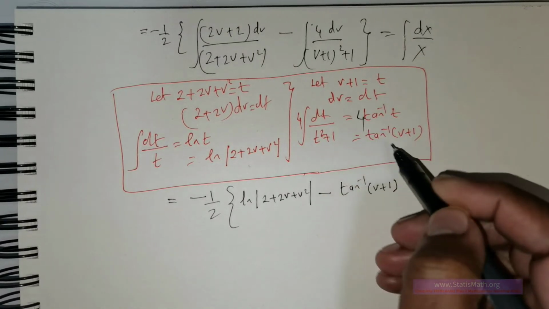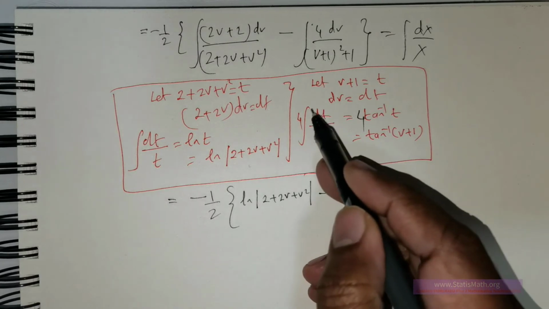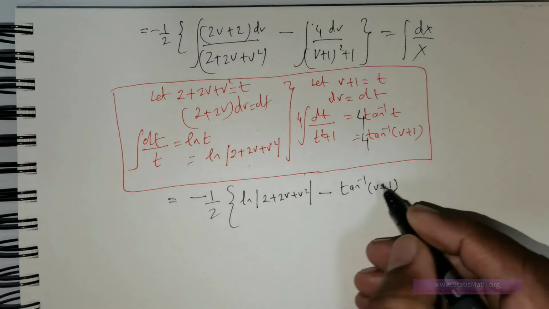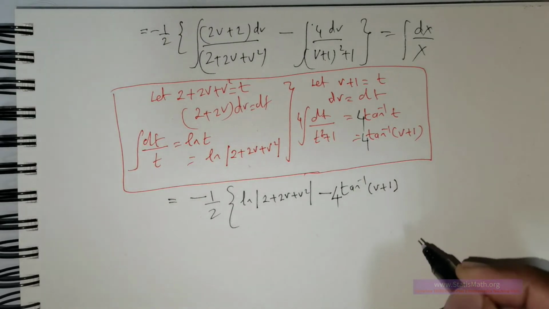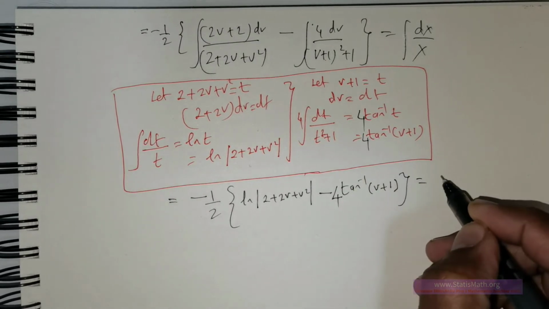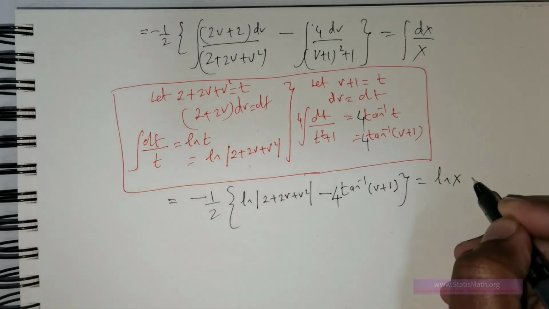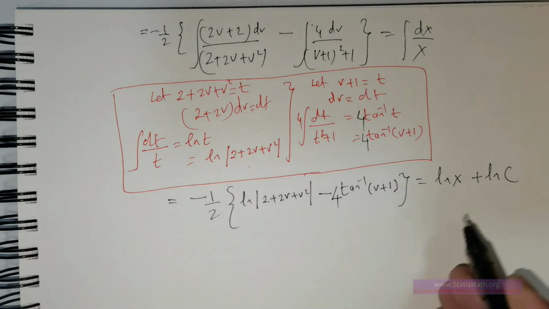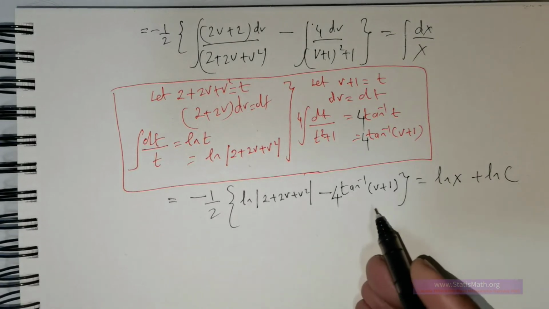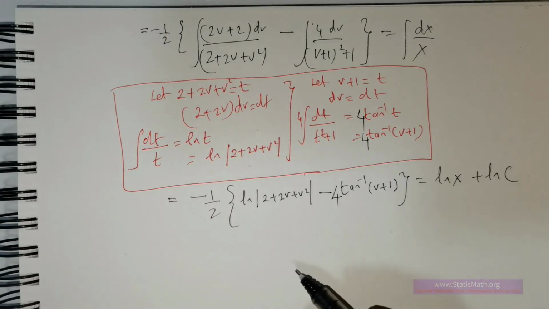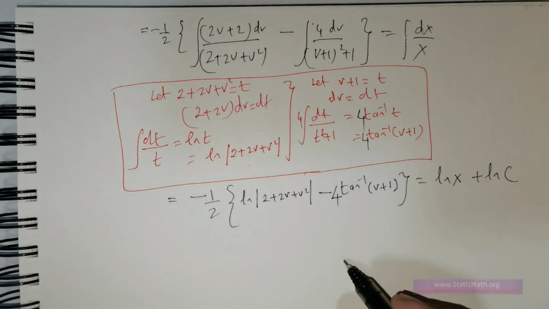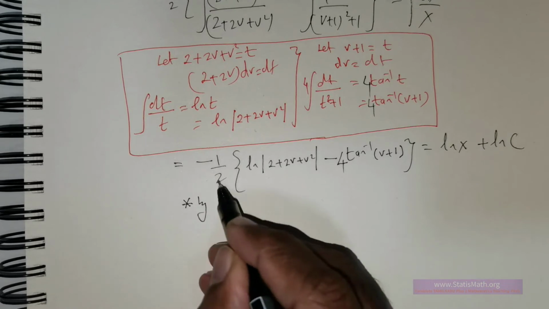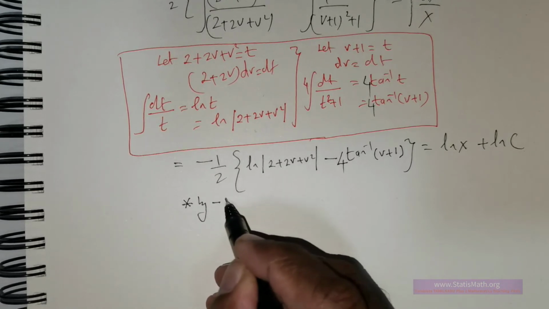Of course there should be a 4 there, because it's 4 times, so this is going to be 4 times tan inverse of (v plus 1). Now on the right side it's going to be ln of x. Of course you can place ln c also, since we are having ln everywhere, we can place a ln there with the constant c. Now rewriting, multiplying by negative 2 on both sides.